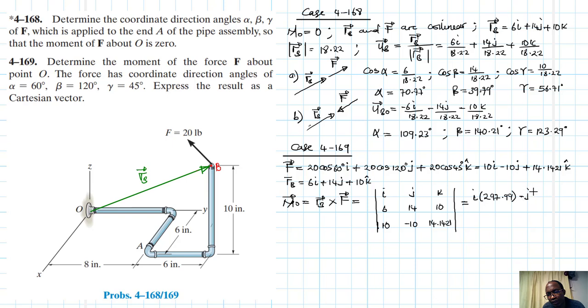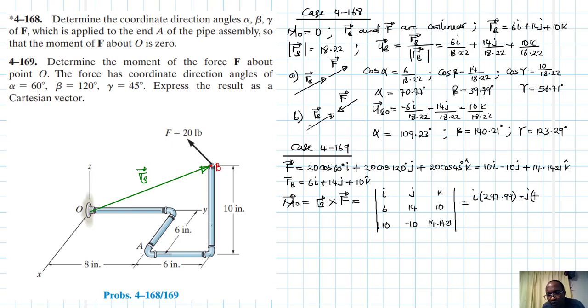Minus j, 14 by 14.1421 minus 10 by 10. So for j, we say 14.1421 by 6 minus 100.